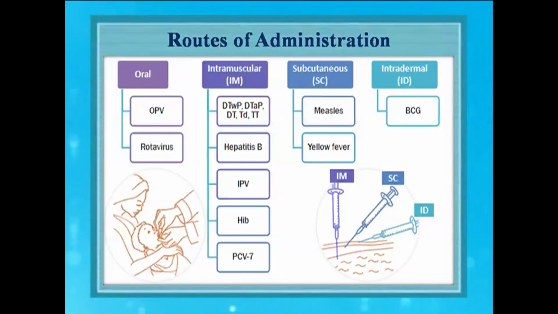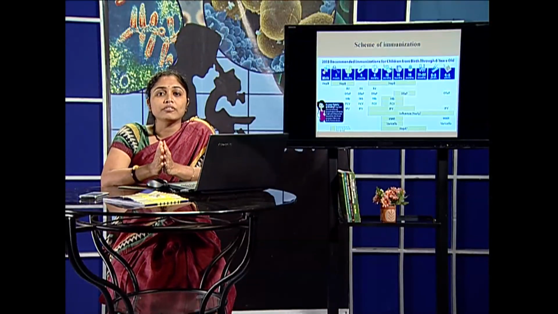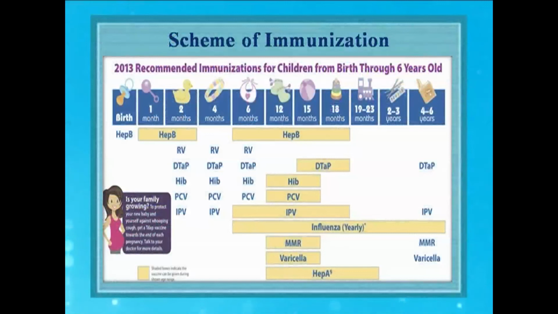Now, vaccines can be administered by several routes, like it can be given orally or intramuscularly, subcutaneously or intradermally. There are several schemes for vaccination or immunization for babies, children, adult people.